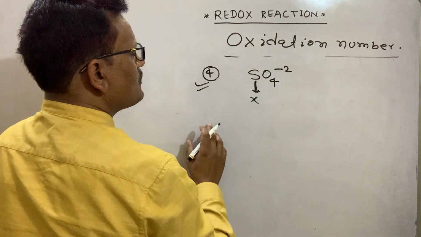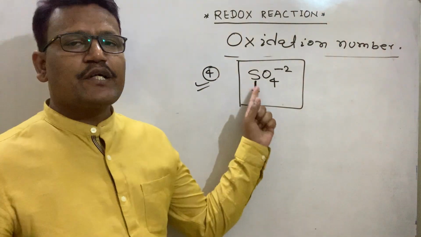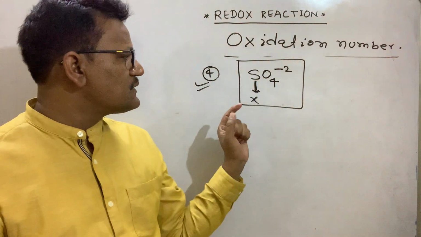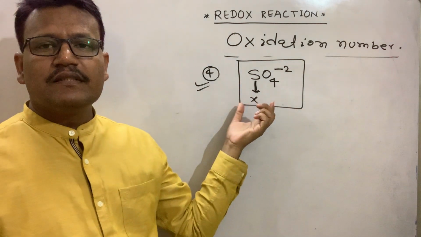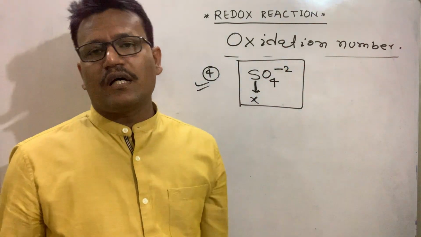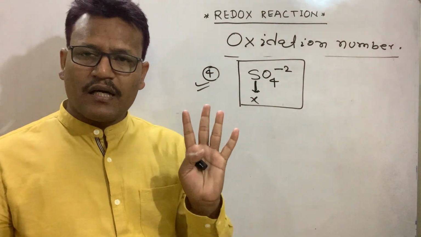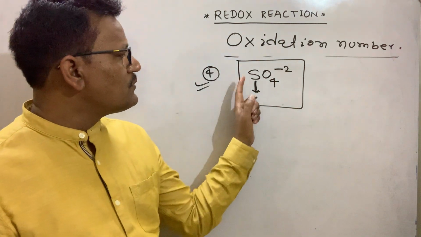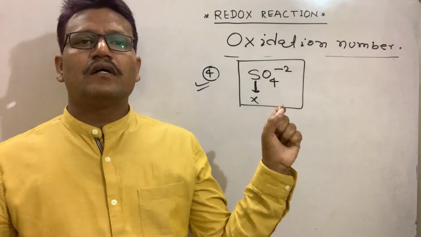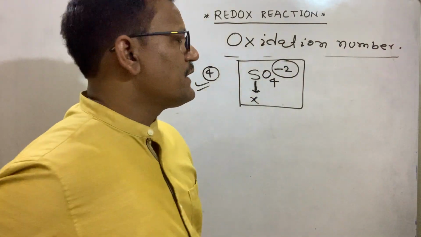So our point is, in case of polyatomic ions, the sum of oxidation numbers of all the atoms in a radical or in an ion must be equal to the charge present on the ion or radical.